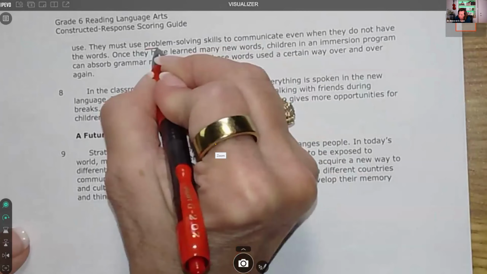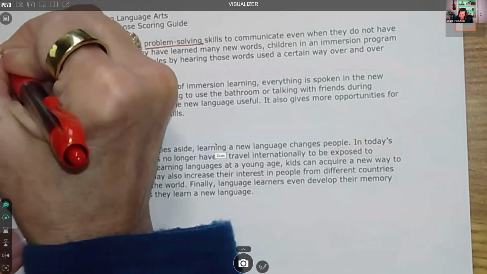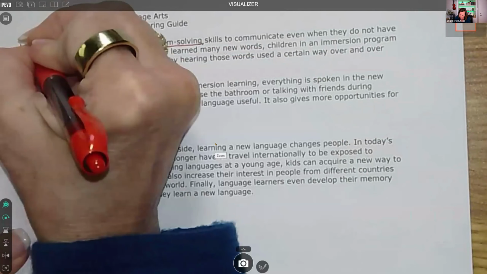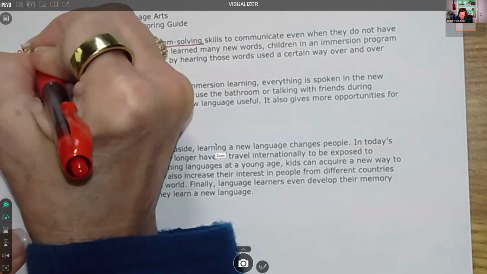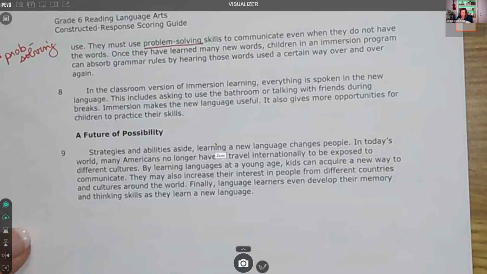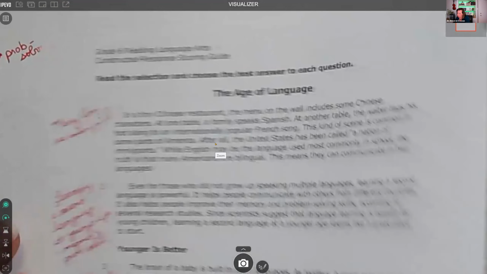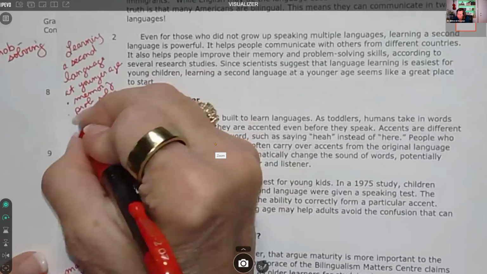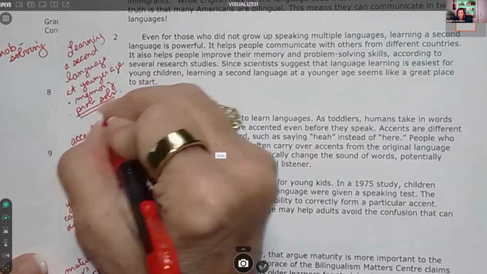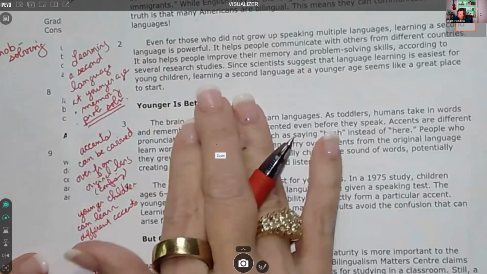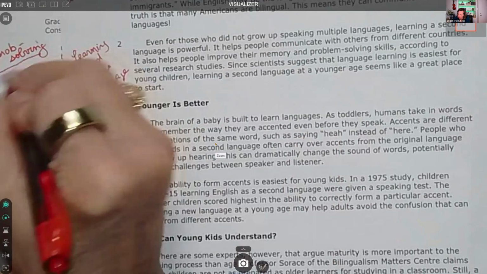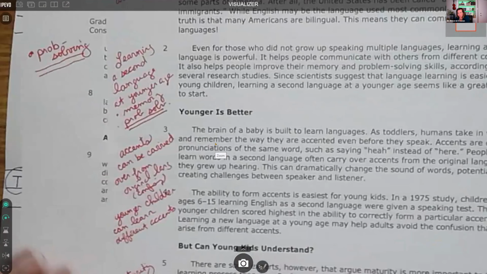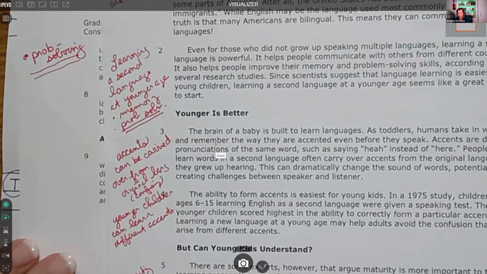So this is the second time I've seen problem solving. If I look at this, and this is what we call think alouds when we're teaching our students how to do this. You have to teach them how to do it by doing think alouds. So see how I have problem solving here? And now I have problem solving here. So that's interesting that they have it twice.